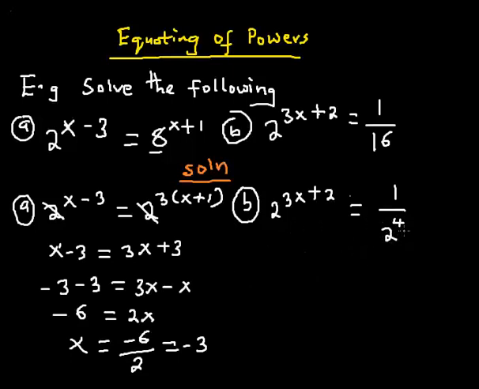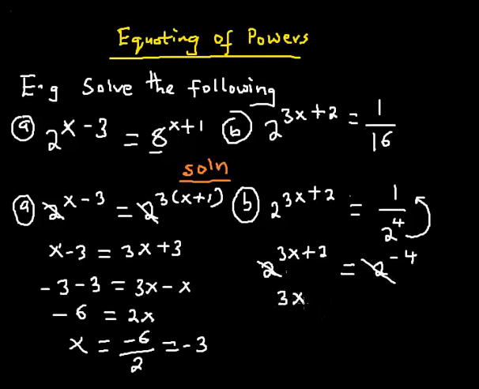Now you know very well that I can't equate powers yet, because this is a reciprocal. I have to resolve this reciprocal first. It's going to be 2 raised to power minus 4. If you can remember, for a reciprocal I take the 2 up, then the power becomes negative. So now the base is the same on both sides of the equation, so I can take away the base and equate the powers.